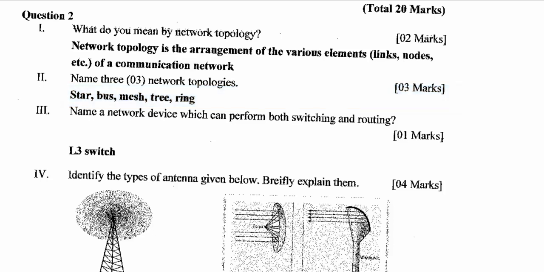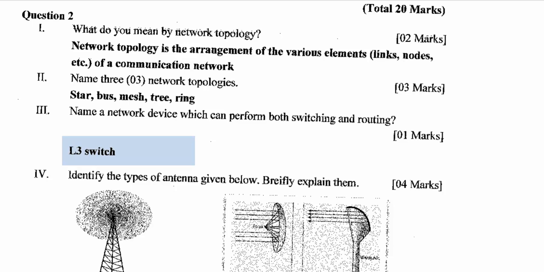prefer. Part 3. Name a network device which can perform both switching and routing. We know that when it comes to switching, switches can be used, and for routing we can use routers. But when we consider switches, we have layer 2 and layer 3 switches.